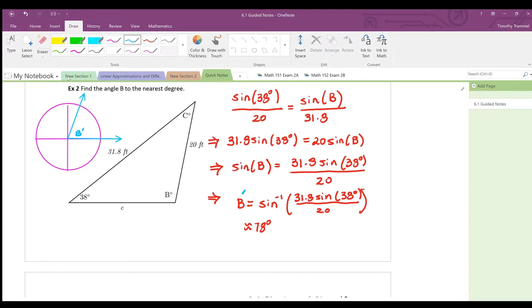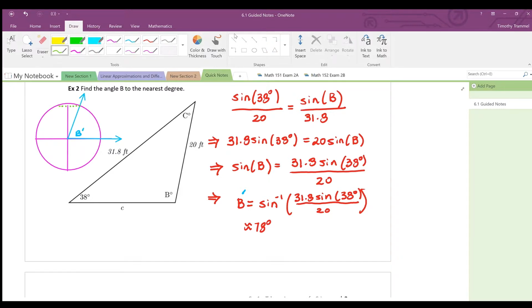What we're really looking for is another spot on the unit circle that results in this y value. That y value is kind of messy, 31.8 sine of 38 over 20. But to find it geometrically, all we need to do is go straight across the unit circle, because if we do that, the y value will not change.